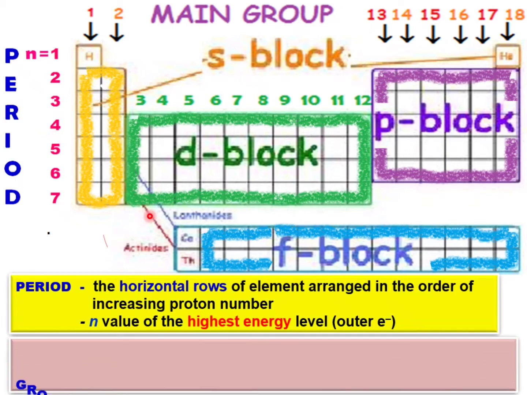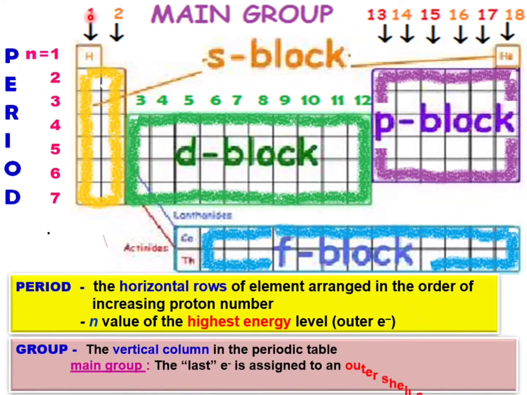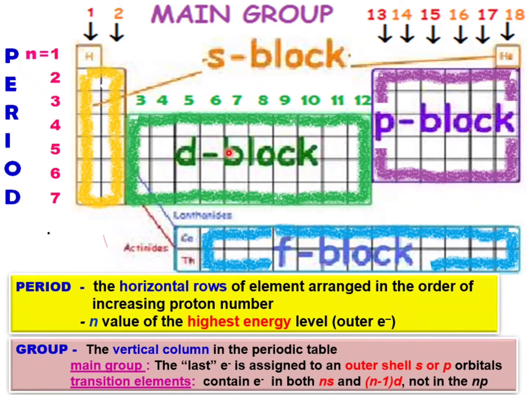And then kita ada group. For group we have start with group 1 until group 18. Okay, so element in the same group will have same number of valence electron. Alright, so here the main group adalah the last electron is assigned to an outer shell, which is s or p orbital.